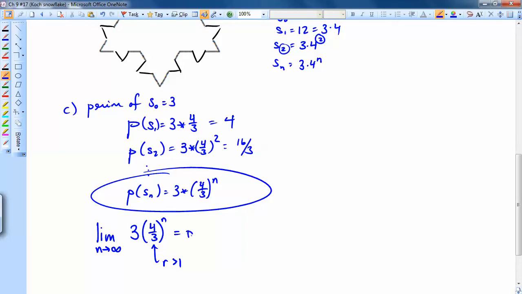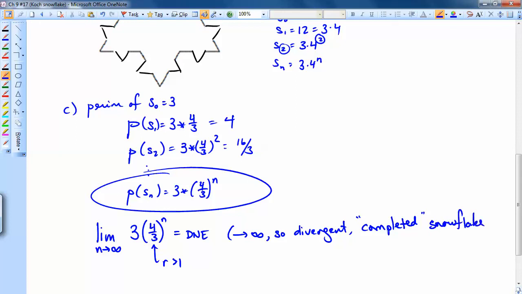So this one does not exist. It goes to infinity, right? So divergent. Completed snowflake, which would be n equals infinity, completed. I'll do that in quotations. Snowflake has infinite perimeter.